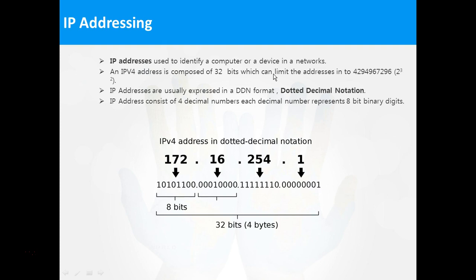So all these things you can see in this slide. You can see an IP address 172.16.254.1. The decimal values got decoded into binary values. If I say binary, everything will be represented in the form of zeros and ones.